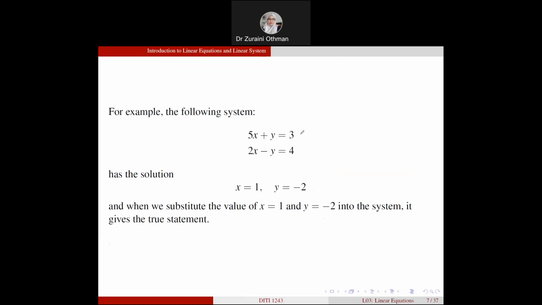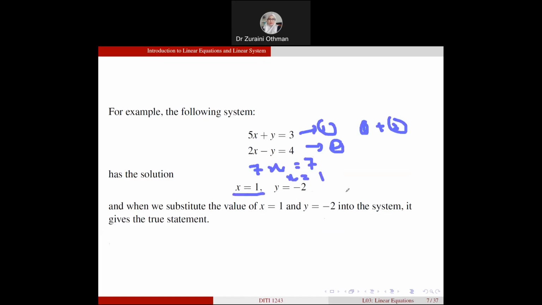You name this the first equation and this the second equation. Then equation 1 plus equation 2, and we can solve it. We get 5 plus 2 is 7x. y plus negative y is 0, equal to 7. Then x is equal to 1.